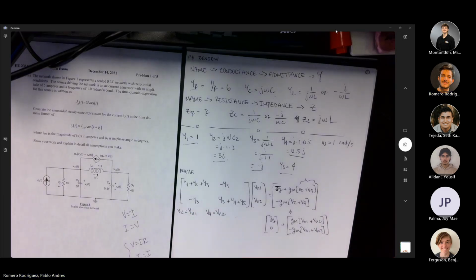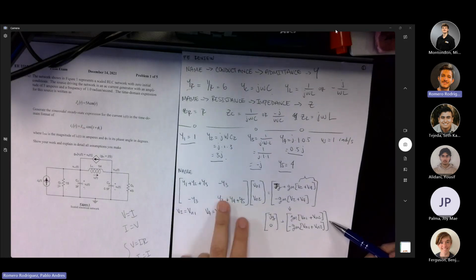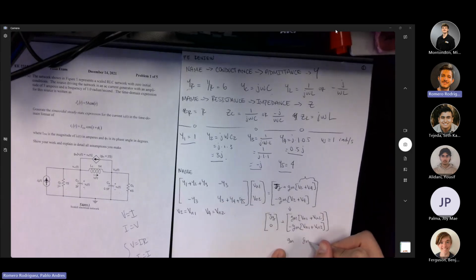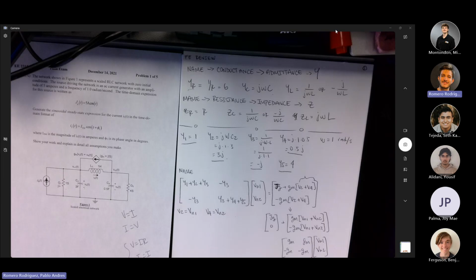If I was to split this matrix even further, I would get GM in the first column, GM in the second column, negative GM in the first column, negative GM in the second column, all of that multiplied by VN1 and VN2.